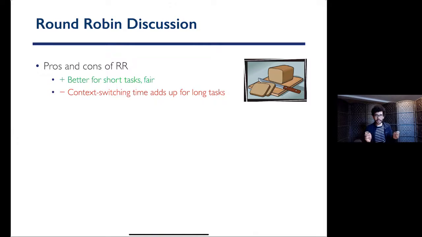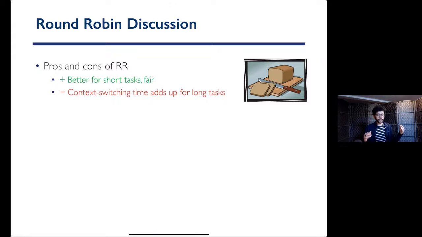Depending on the length of the time quantum, we might do a lot of context switching with round robin. So let's say we have 4 simple tasks. In FCFS, we're going to just do 3 context switches: from T1 to T2, from T2 to T3, and from T3 to T4. So that's 3 context switches.